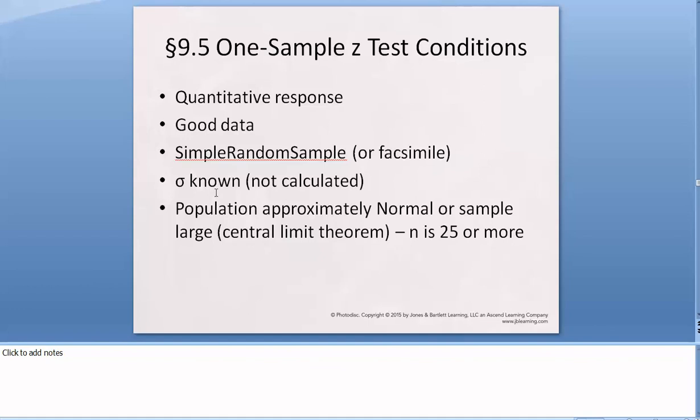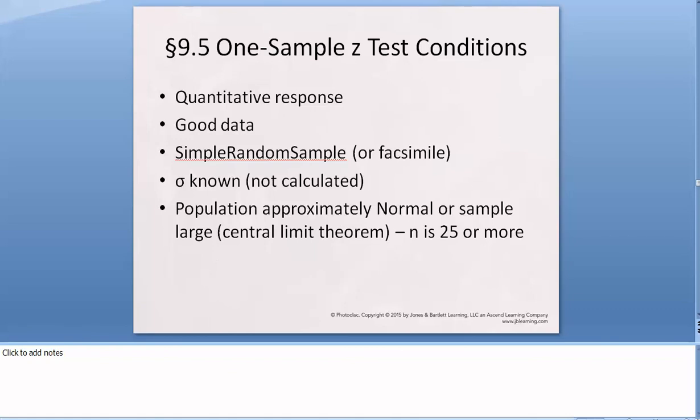Remember, in this case we were given that sigma was 40. We need either the sample size to be more than 25, so that x bar is normal, or the data itself should be normal. The idea is x bar has to be normal. If x bar is normal and you know the sigma value, you can carry out the one sample z-test. If you do not have these conditions, we have to do something else, which we will learn.